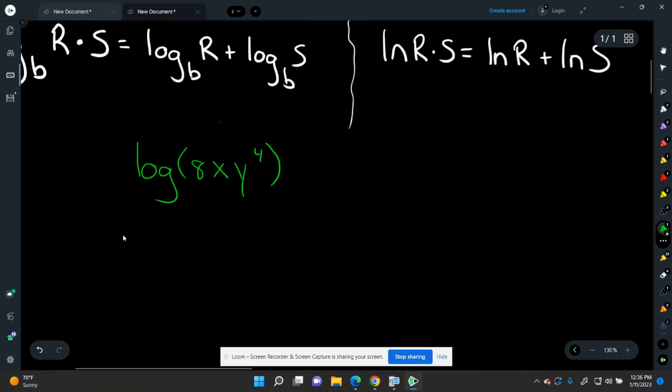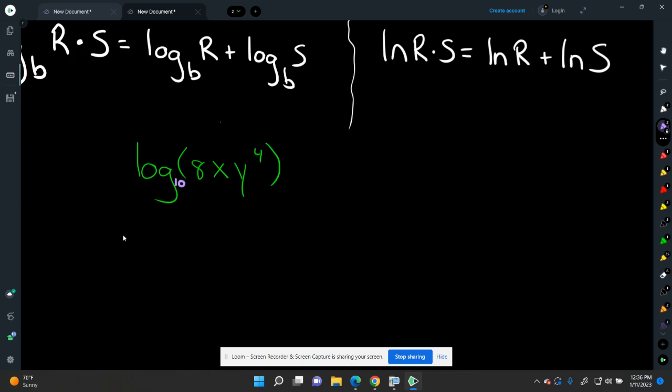We can expand this. First off, what is the base here? When the base is not written there, the base is assumed to be a 10. We work in base 10 in the United States. So that's how you can remember it. If it's not there, you can assume it's a 10.